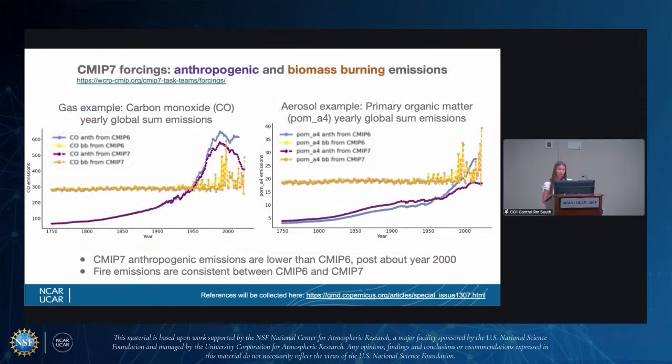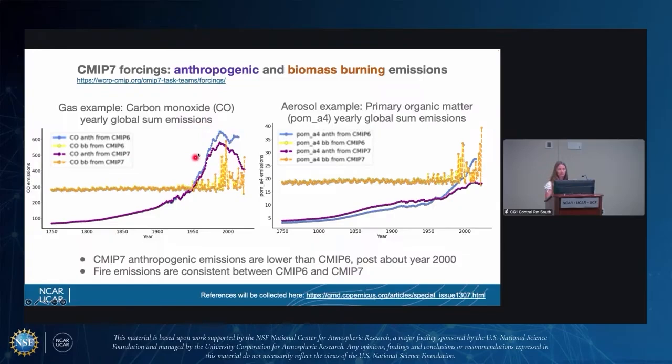Then Luisa, Rebecca, and Ben worked a lot on anthropogenic and biomass burning forcings, and here are two examples. What will be different? Very interestingly, carbon monoxide, for example, will be different, especially important for air quality and ozone.